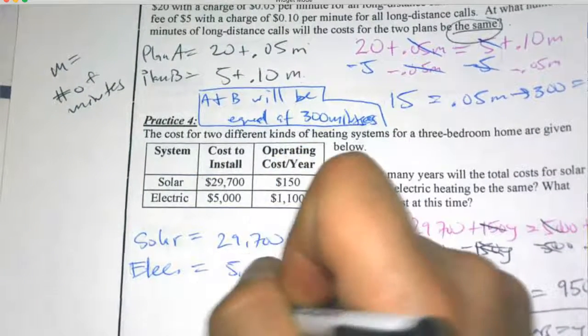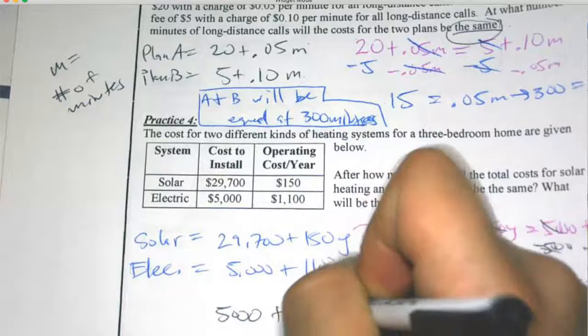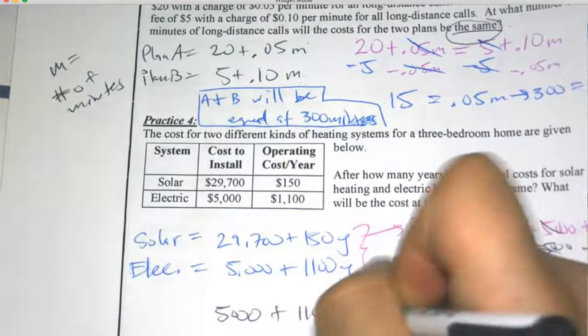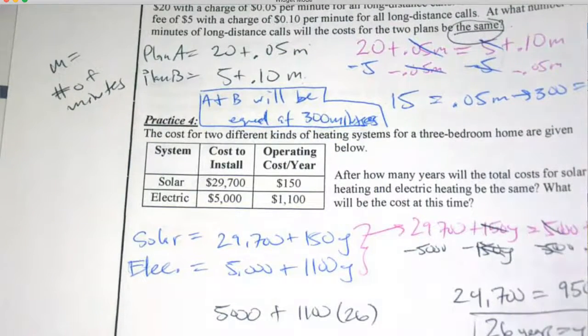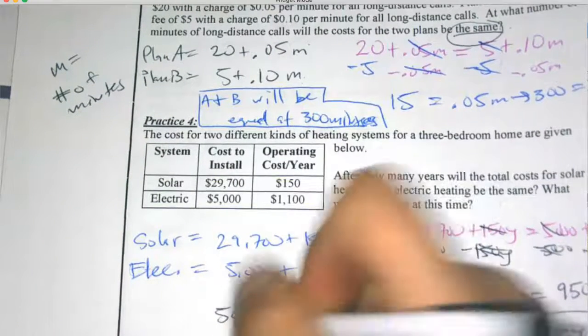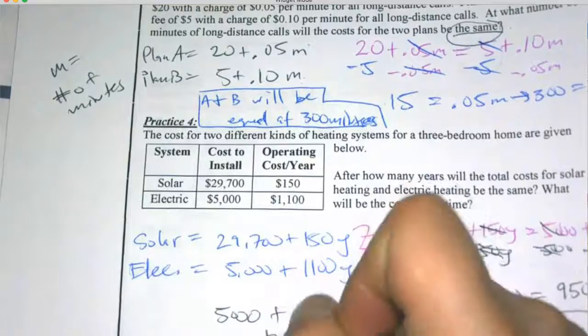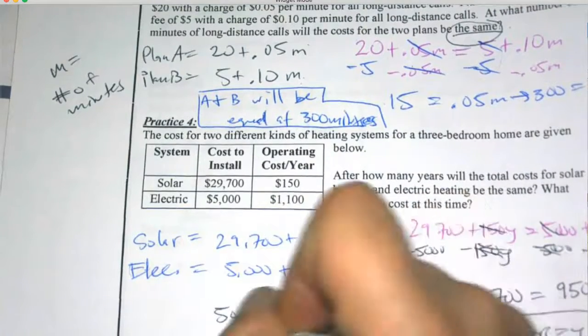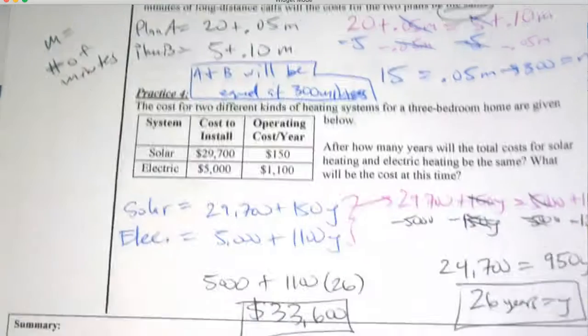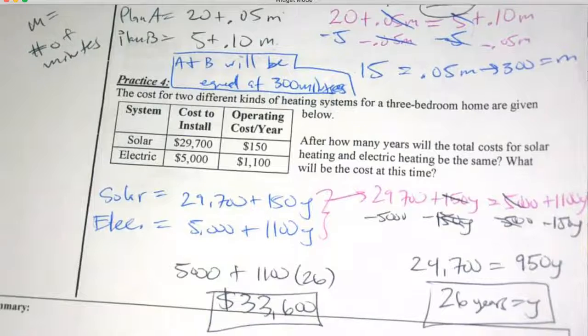So I can take 5,000 plus 1,100y, remember y was 26, so 1,100 times 26, plus that 5,000, 33,600. So after 26 years, the plans will be equal, and the cost at that point will be $33,600.